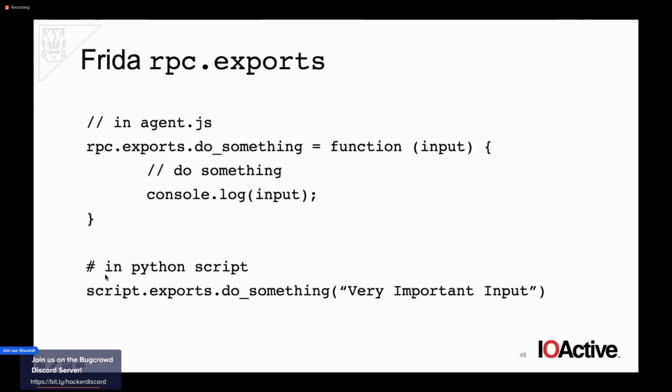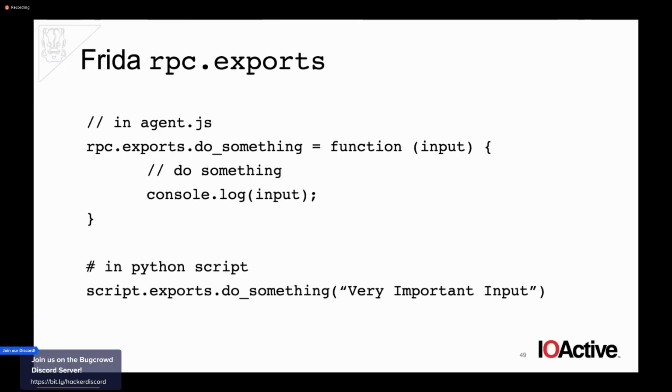Then in my Python script, I can call that using script.exports, whatever my function name is, and pass my input. That script is the handle we just received back.